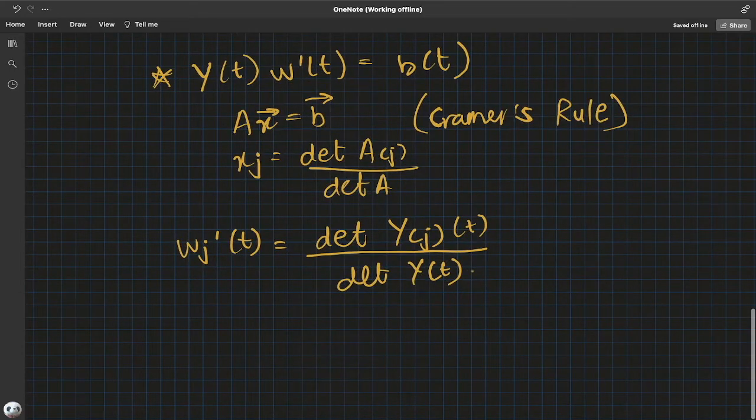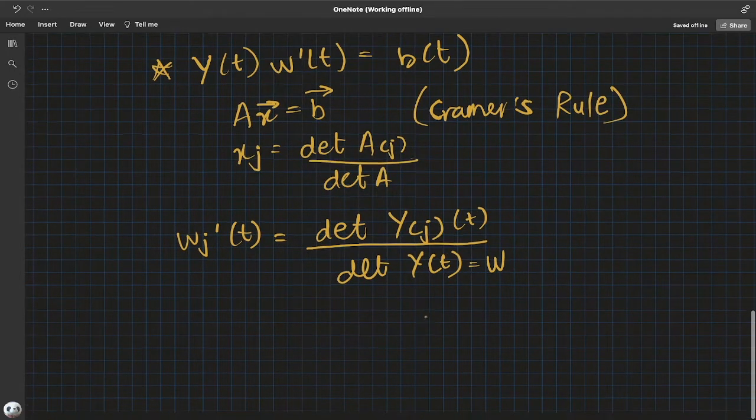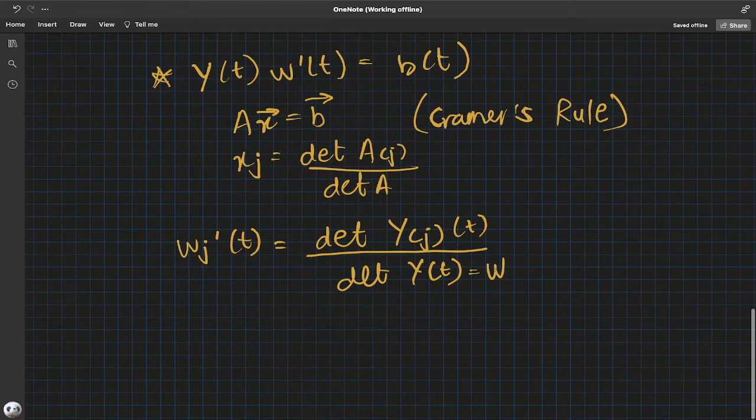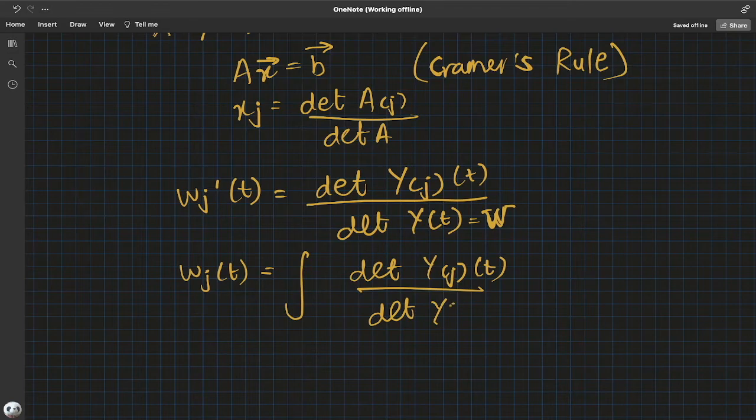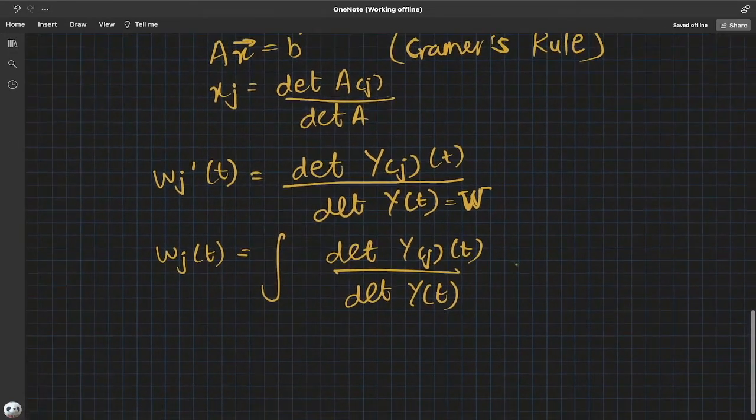But remember what the determinant of Y of t was. It was just the Wronskian itself. So maybe just make like a stylized W. Now, since we have a prime here, how do we get rid of that? We'll just do an integral in time. So you have this determinant divided by this, which is the Wronskian.